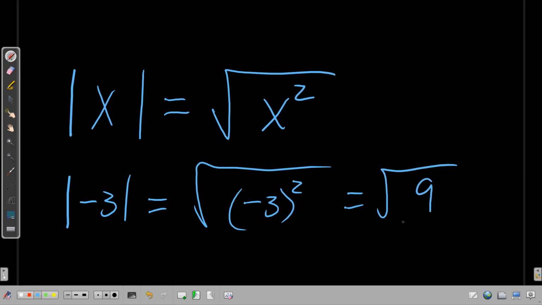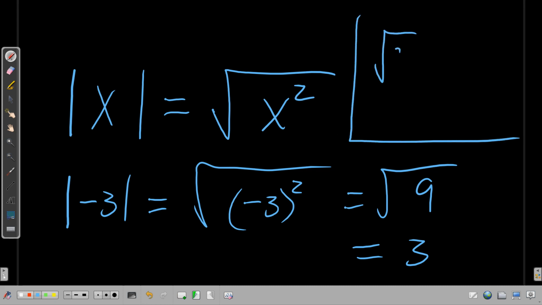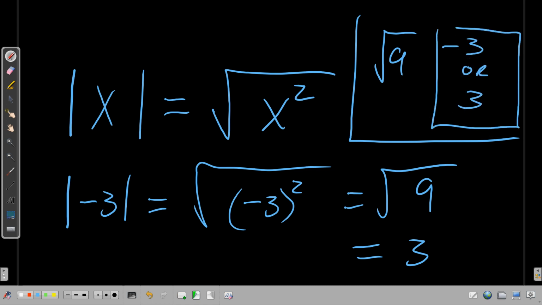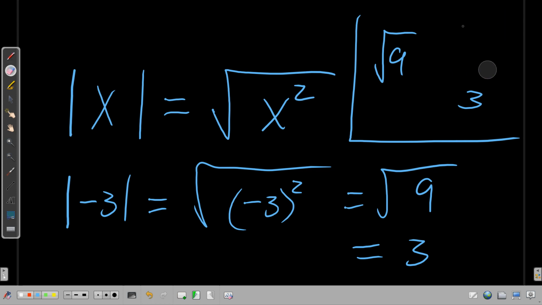Well, that would just be the square root of 9, and you get right back to 3. We do not say that the square root of 9 is negative 3 or positive 3. We are not in elementary school where they failed to make the distinction between the principal root and these other roots.